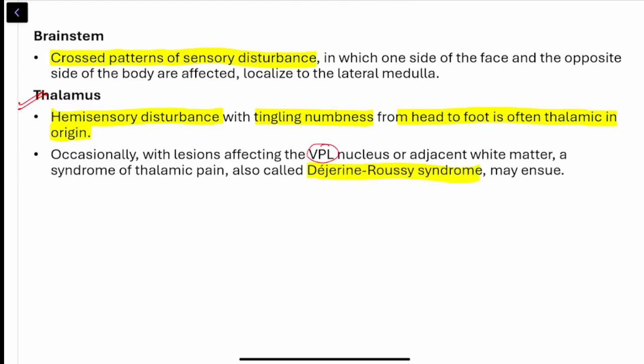It means the patient will complain of severe burning sensation on the opposite half of the body, in case of a lesion of the ventroposterolateral nucleus of the thalamus. It occurs in thalamic strokes. Right, so this is all about localization. Here we have discussed the lesions in the brainstem and the symptoms of lesions in the thalamus.